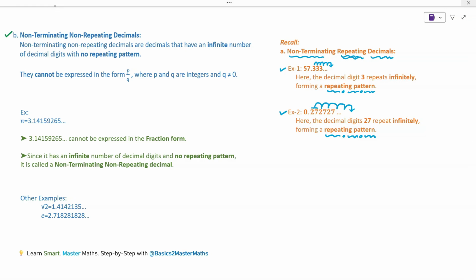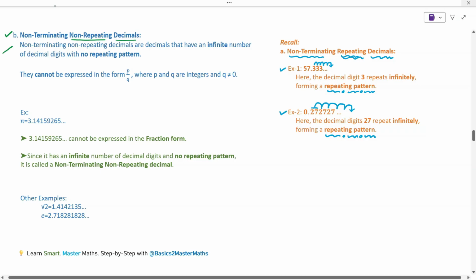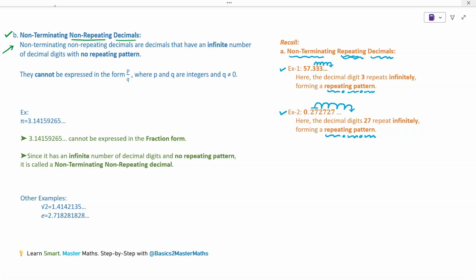Today we will learn about non-terminating non-repeating decimals. The definition says that non-terminating non-repeating decimals are decimals that have an infinite number of decimal digits with no repeating pattern.